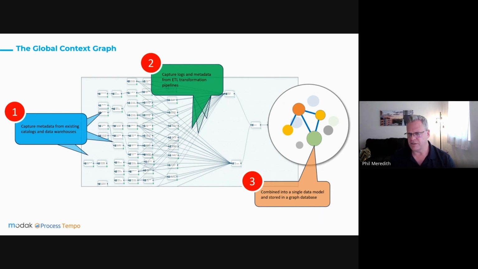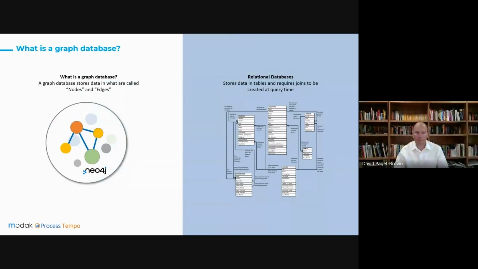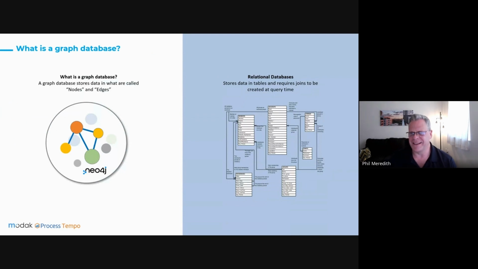And I think it makes sense for us to describe what a graph is for our audience. So I kind of put this slide together. A graph database is different in that it stores its data in what is called nodes and edges. So those are the circles and the lines that intersect them.